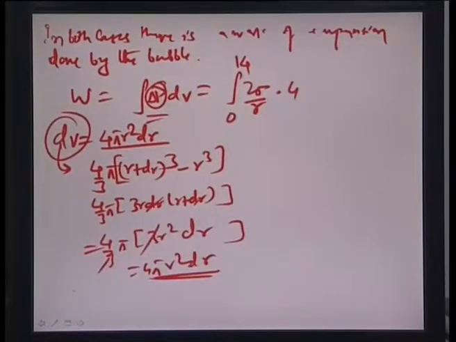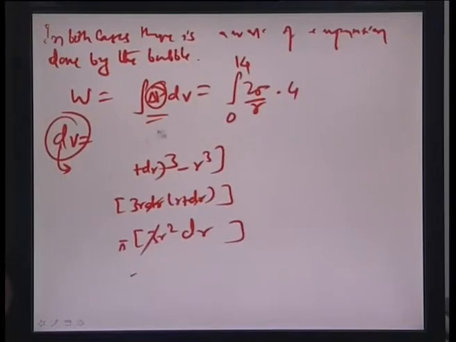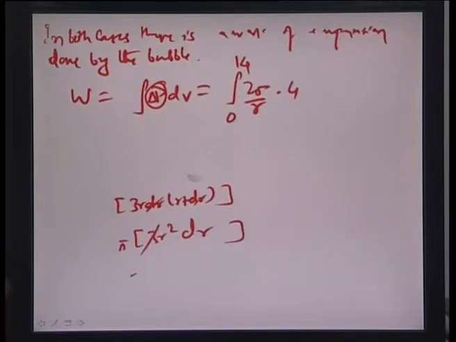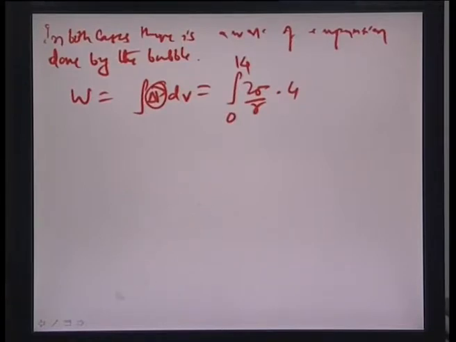Okay, so let me just rub all this out before we start with the derivation of the total amount of work which is done. So the work done in this case is of course delta P dV, which is essentially equal to 2 sigma by r times 4 pi r squared dr, where r varies between 0 and 14 microns.